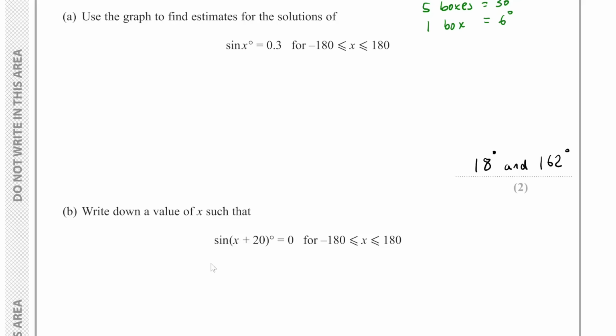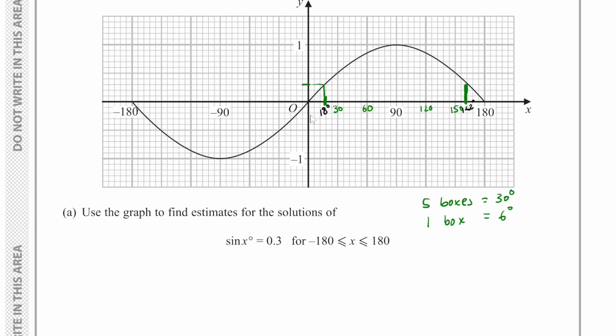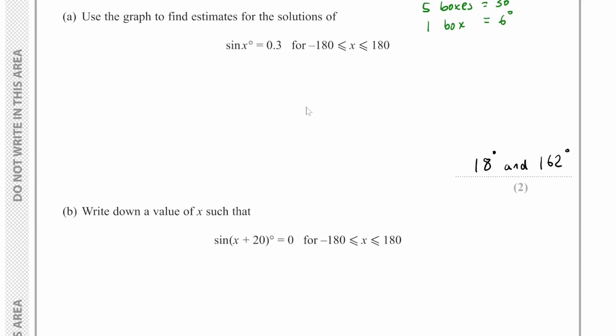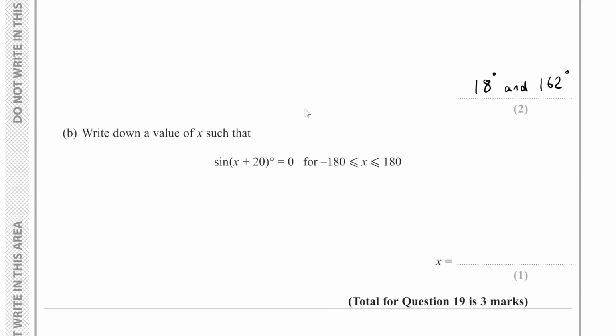Write down a value of x such that sine of (x plus 20 degrees) equals 0. So sine equals 0 at 0. So what does x have to be to make the bracket 0? Sine 0 equals 0.